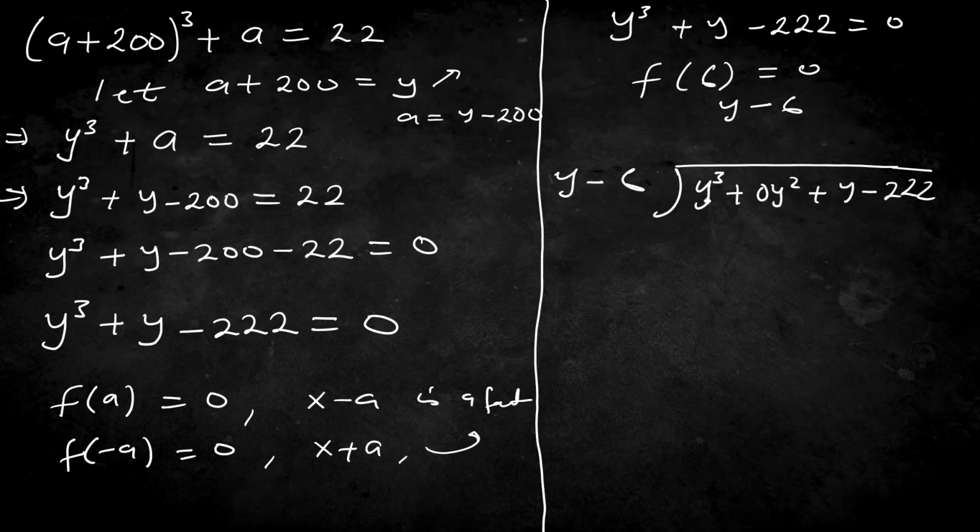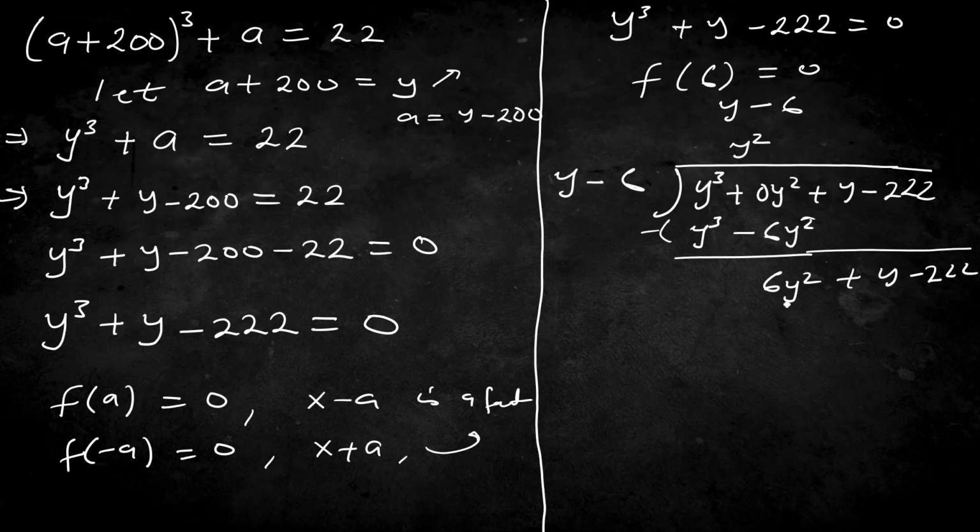So y into y squared gives y cubed, and we have minus 6y squared. Let's subtract this minus that, and this minus that will be 6y squared. So we have plus y minus 222.